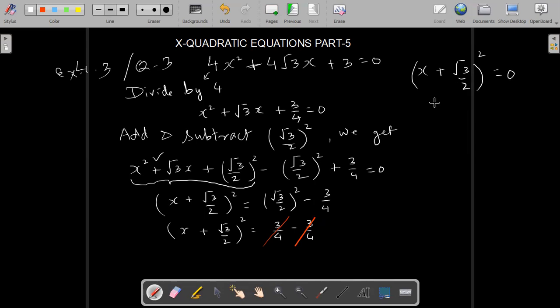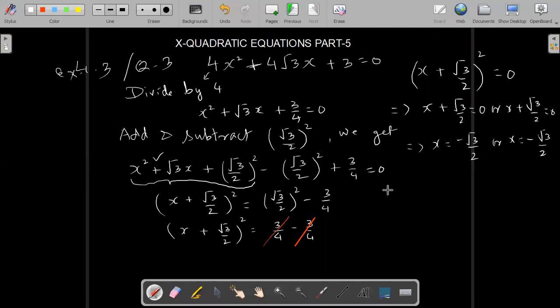That means you have two repeated factors. Same root, we are getting x plus root 3 by 2 is equal to 0, or x plus root 3 by 2 is equal to 0, which is giving x is equal to minus root 3 by 2, or x is equal to minus root 3 by 2. So these are called the repeated roots, same roots.